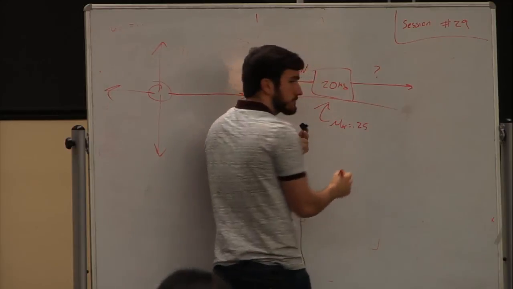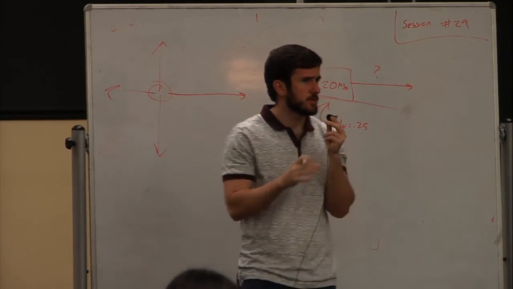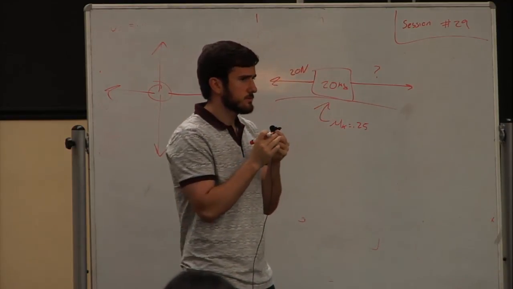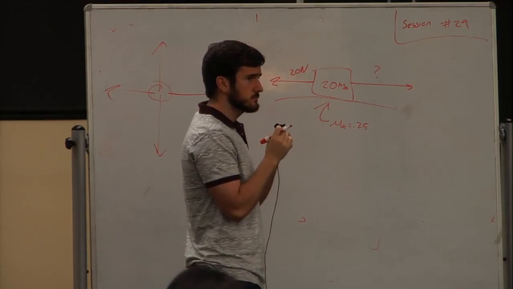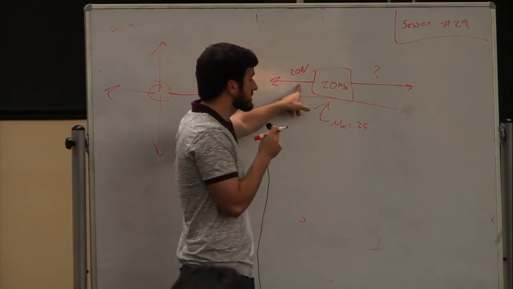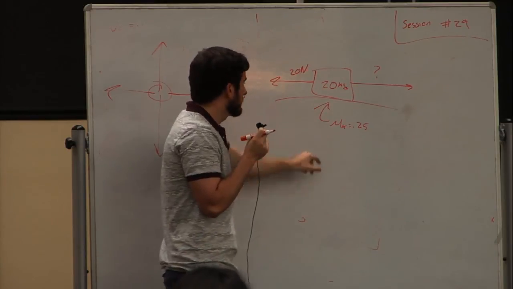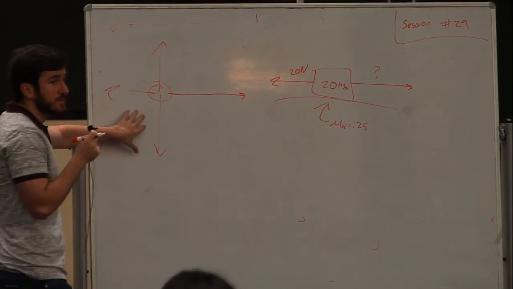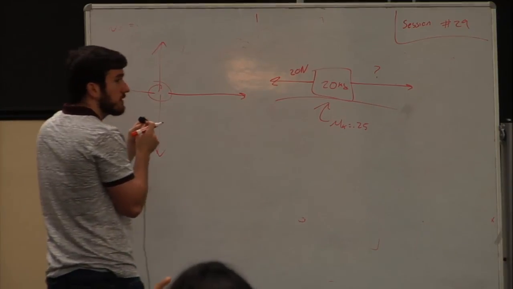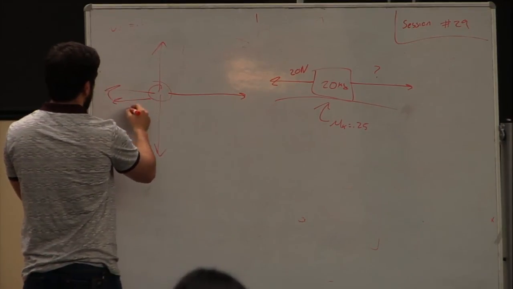Well, this is a rope, and then there's also friction, so I didn't draw that. I'd have to draw another friction force, and this would be the tension force. And then there's another rope attached to the right side, in which we want to solve for that force to get it to start moving.